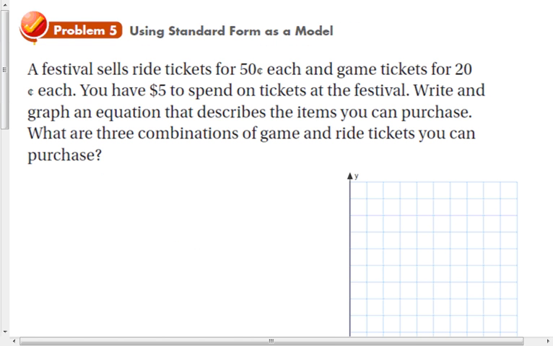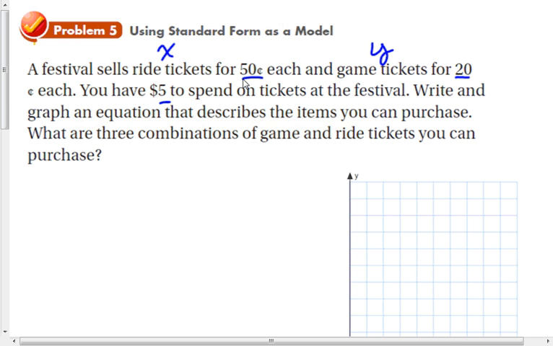All right, problem 5 here, we're going to use standard form as a model for a problem. A festival sells ride tickets for 50 cents each and game tickets for 20 cents each. You have $5 to spend on tickets at the festival. Write and graph an equation that describes the items you can purchase. So let's let X be the number of ride tickets that we buy, and let Y be the number of game tickets we buy.